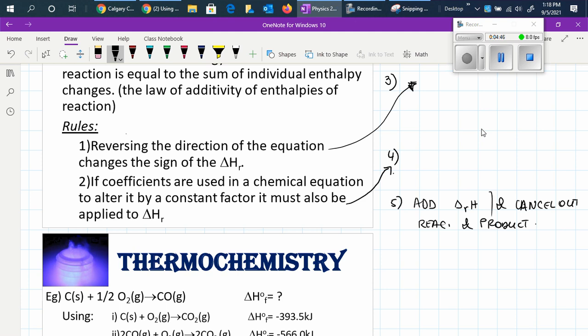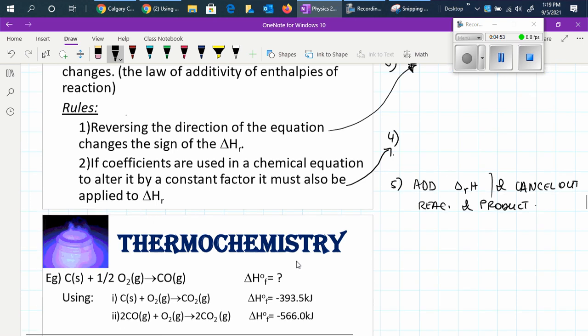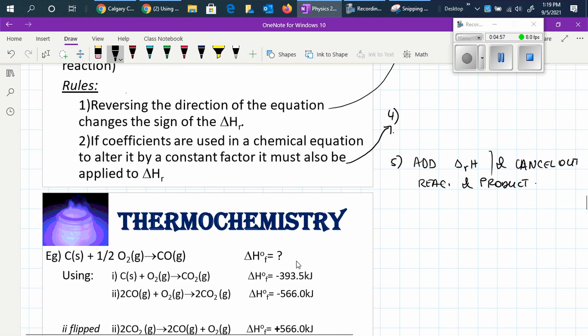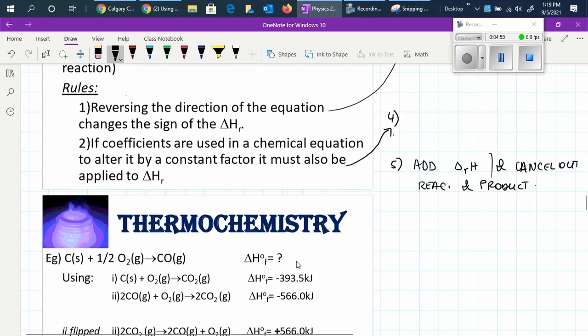So let's see what is happening here. Let's suppose that we have carbon and oxygen, and we want to find the enthalpy of formation at SATP conditions for carbon monoxide. The reaction is carbon and oxygen giving us carbon monoxide.